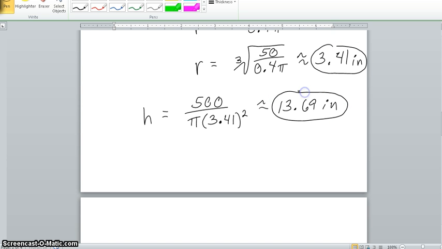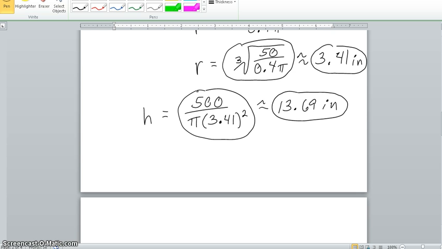Of course, I had to round those to 2 decimal places, so if you wanted to keep the answers exact, maybe you would just leave your answer like that for the radius, and you could leave it like this for the height, but personally, I think it's always better to have numbers, so we have a good idea of exactly what that radius and that height should be. But anyway, I think that gets us to our solution.